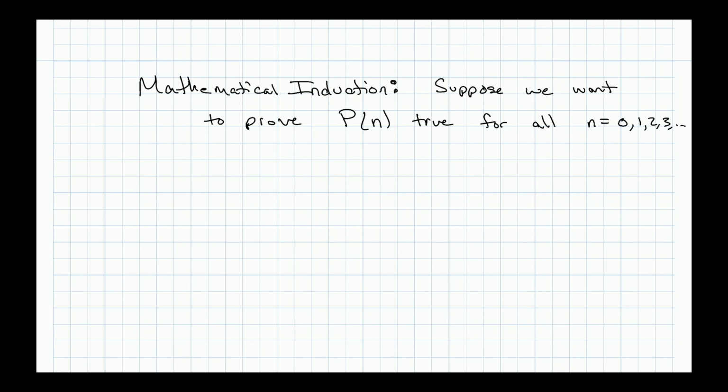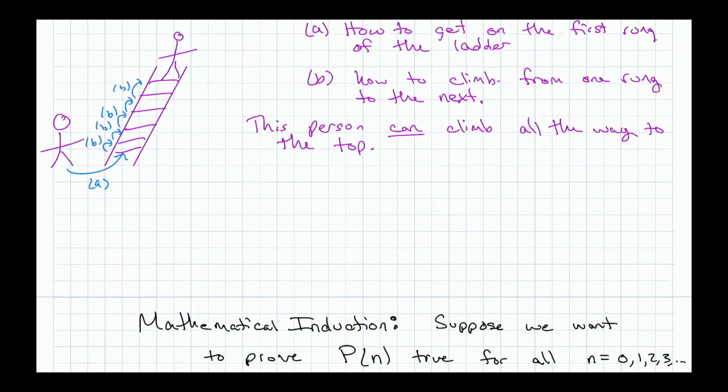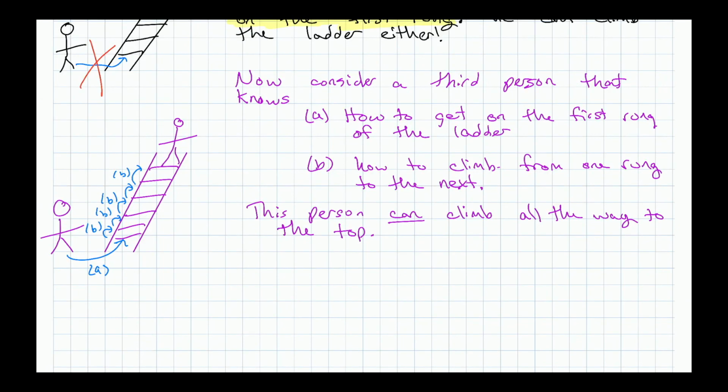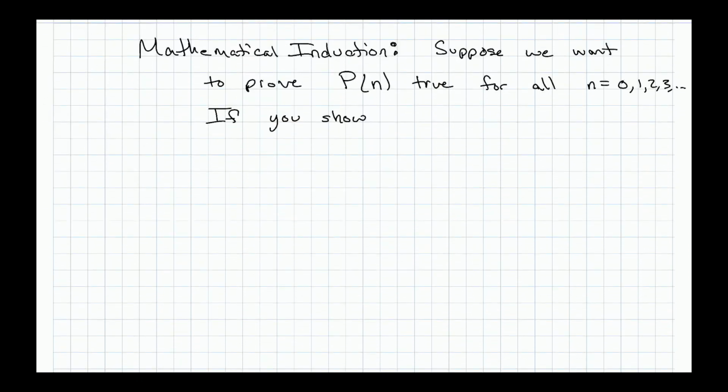What you do is this. If you show two things. Well, what things? They're exactly the same as the things here. You need to be able to get on the first rung of the ladder, and then we need to know how to climb. So the first thing is, how do we get on the first rung of the ladder? What does that mean in terms of this proof, right?